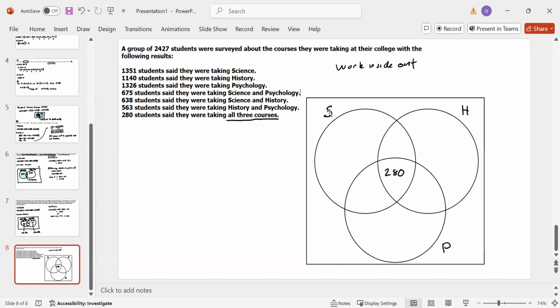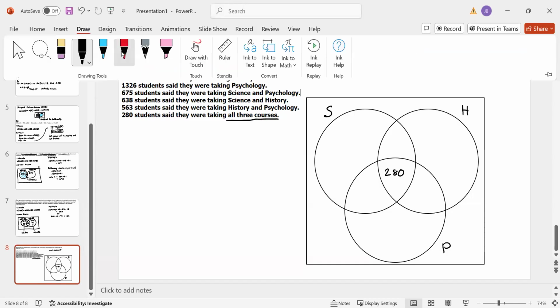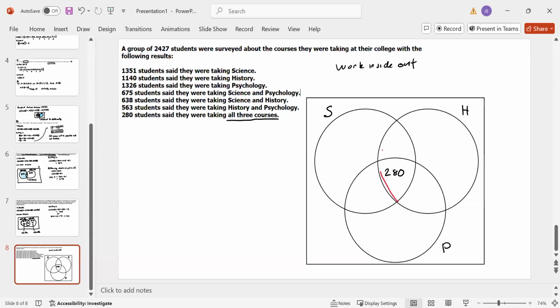And then from there, you're going to do these right here. You're going to look at the intersections of two of them. So history and psychology right here, that's going to be this one. And I am told that these two have to add up to 563.